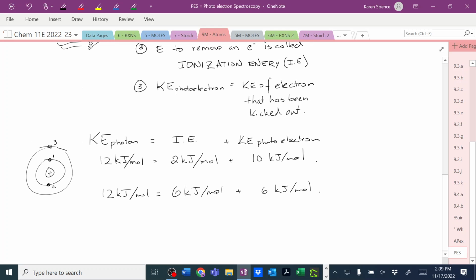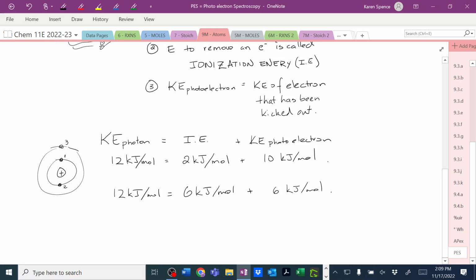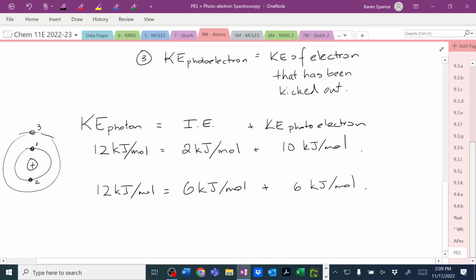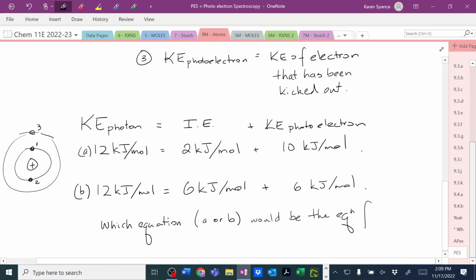Which equation would be the valid equation for electron 1? It's been absorbed. That's now potential energy of that electron.